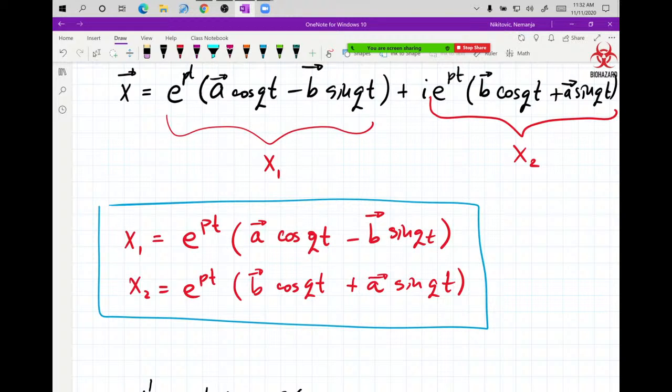But to get to that point, you have to do some magic with those calculations. So now it's e to the pt.